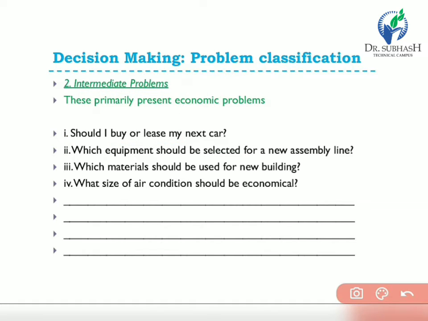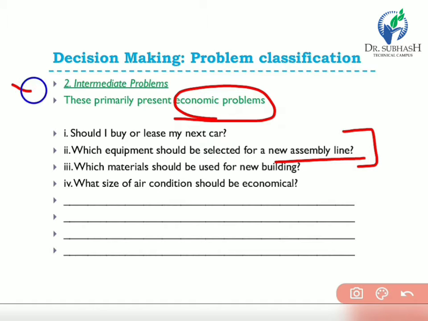Now second one, which equipment should be selected for a new assembly line? If we have an industry and there is an assembly line, then we have a choice for the equipment selection. Then we can buy the cheapest one, an intermediate one or highly costly equipment for it. Based on the equipment results, we can select it. So here money is involved, so it is known as an intermediate problem.